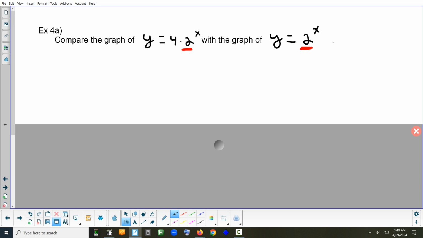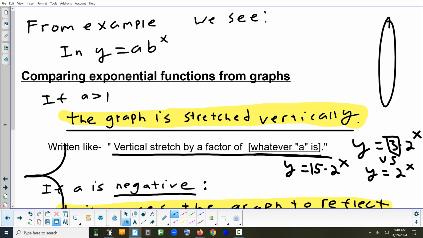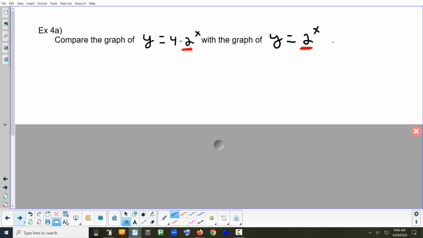All right, so first of all, is the number in front of 2 to the x, in this case, positive or negative? Positive. So you're going to be looking at this case. How would you compare those two graphs using what we just said on the other page? Looking for the written like part.